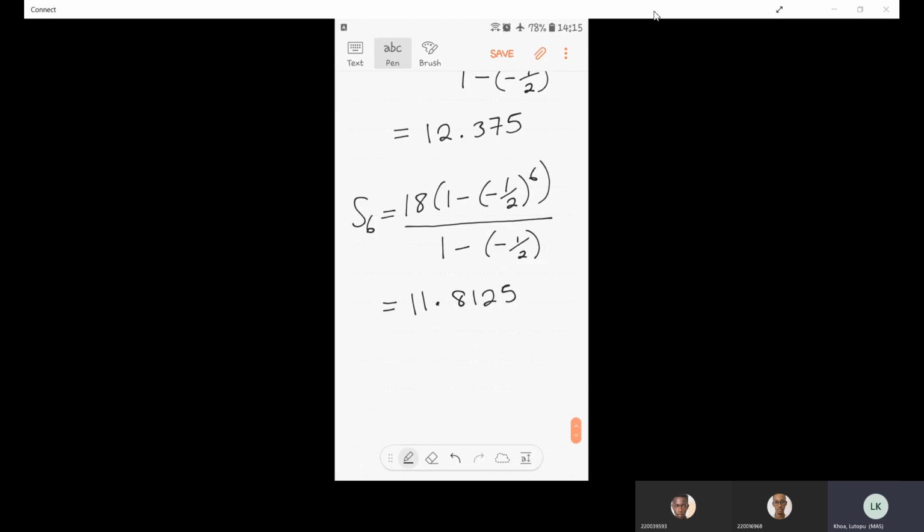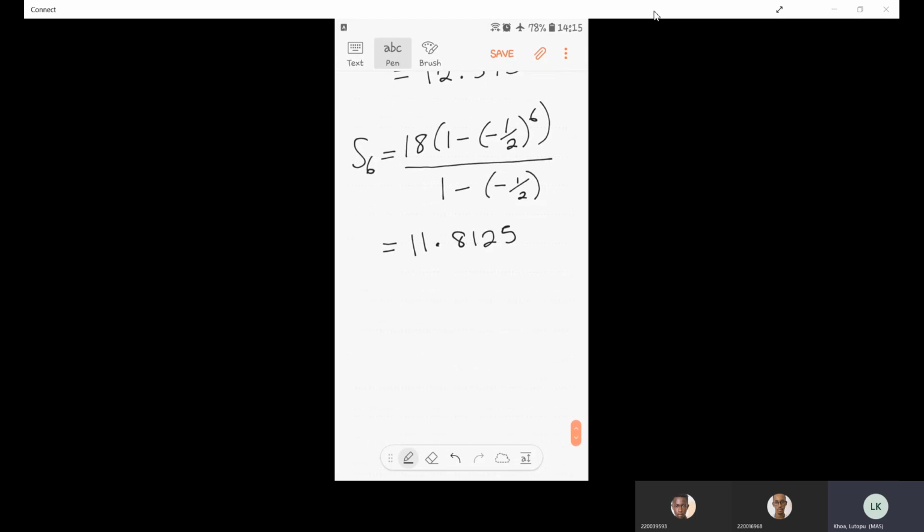Now we are also told to work out the sixth term. If I have my terms here, I have A, U2, U3, U4, U5, and U6. When I add these together, this gives me S5.